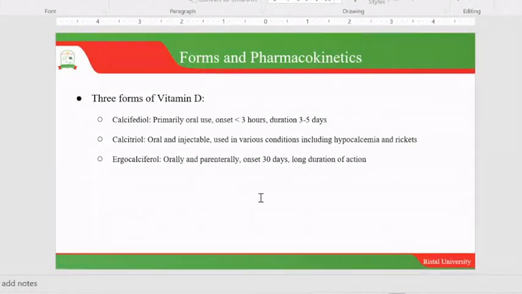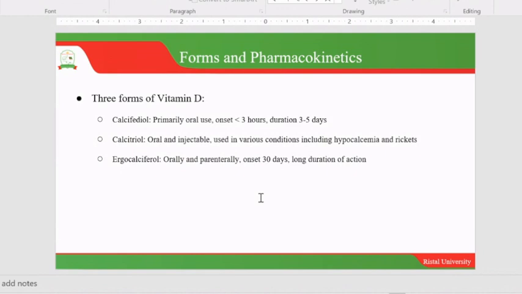So what are the forms and pharmacokinetics? We talked of the three forms of vitamin D. We had looked at primarily two, but then, okay, let's look at the calcitriol. Calcitriol is primarily oral use, and its onset is 3 hours, and the duration is between 3 to 5 days.